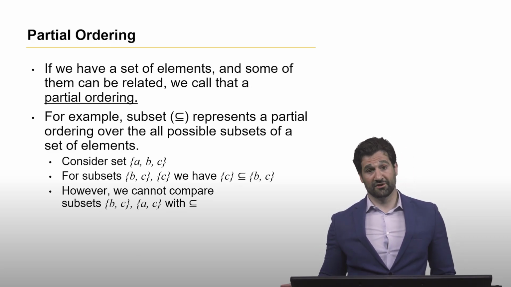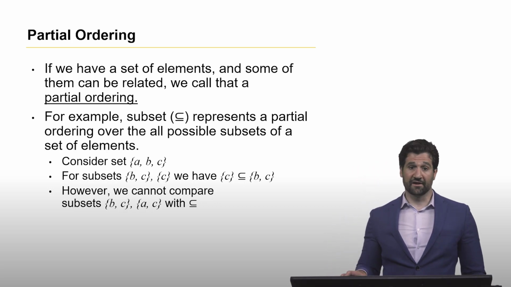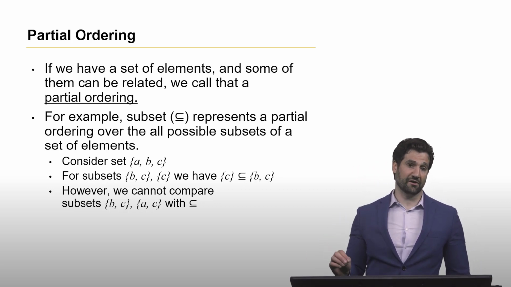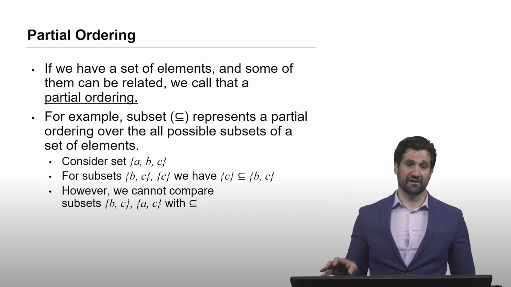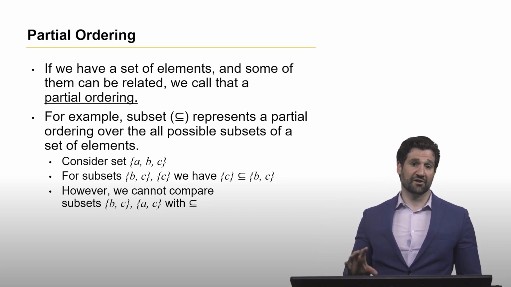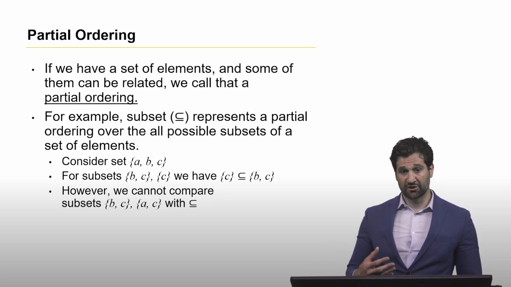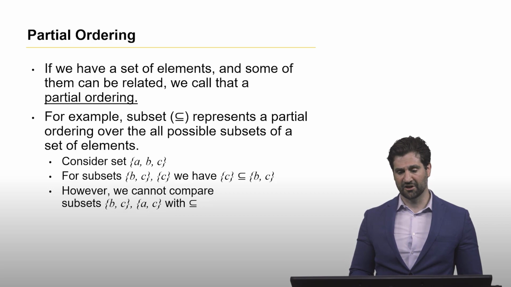Now partial ordering is a little different. A lot of the elements you can compare, but some are not comparable. A great example of this is looking at the set of all subsets of a set of elements, or the power set. We could compare these with the subset relationship.